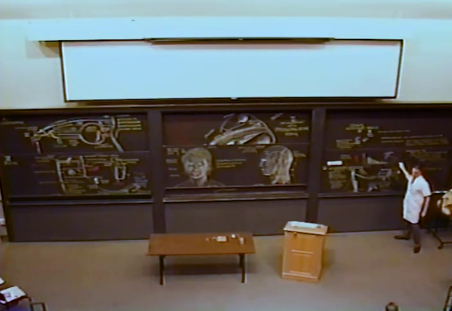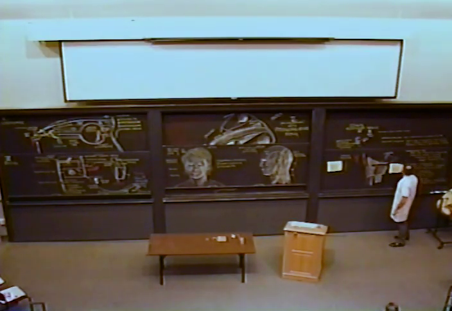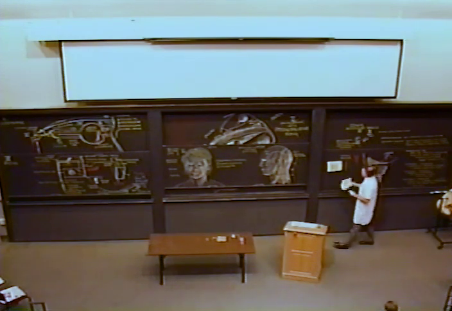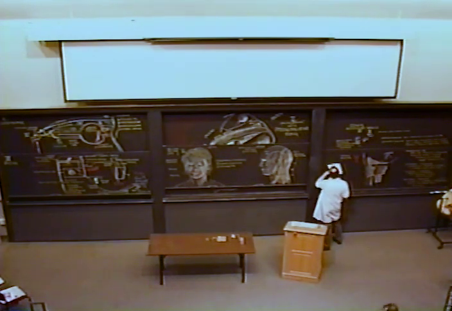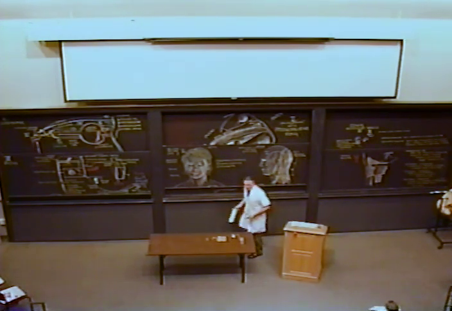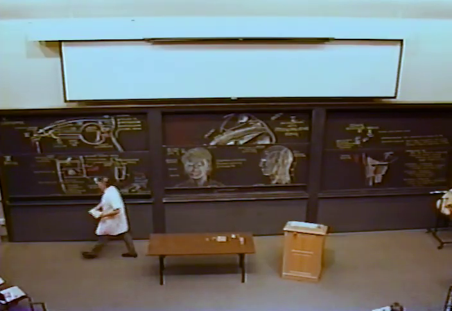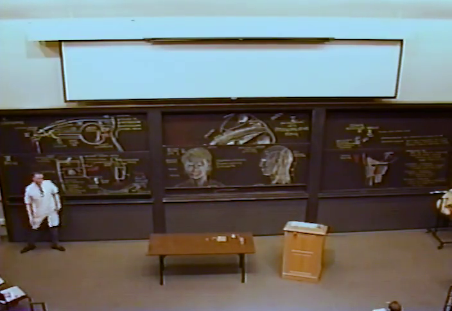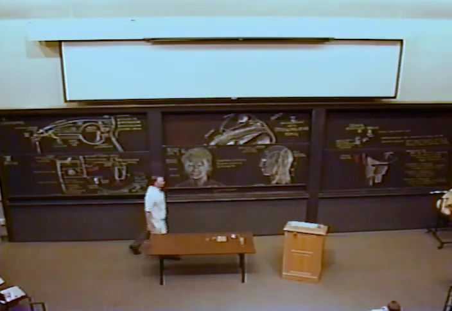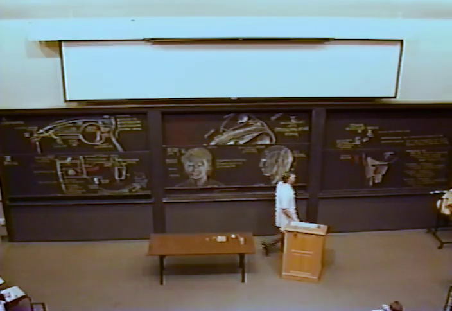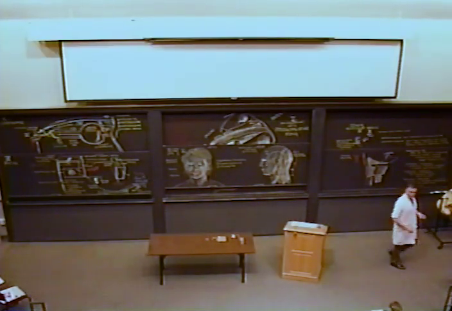Finally, the last nerve, and ironically the first great nerve that you encountered, the vagus, the vagabond, the wanderer, 10, cranial 10.